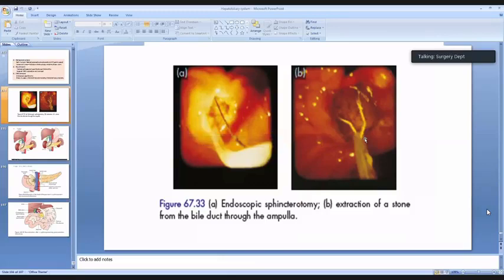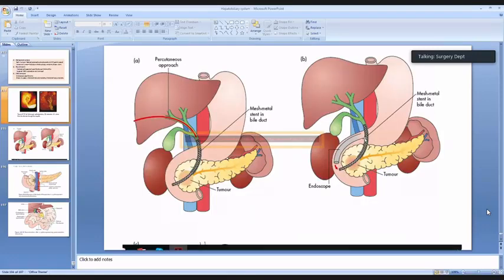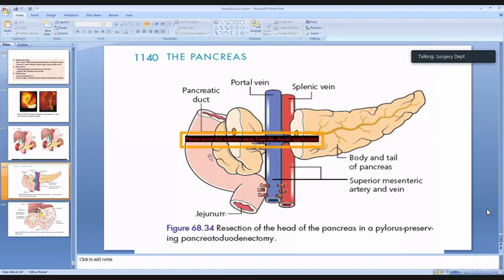And previously আমরা বলেছি এই রেডিক্যাল প্যানক্রিয়াটোডিওডেনেক্টমি, এক্ষেত্রে আমরা in mass head of the pancreas, related part of the duodenum, the related part of the pancreatic duct and some parts of the common bile duct is excised en bloc, ফেলে দেওয়া হয়, and then continuity is maintained either by choledochojejunostomy, pancreaticojejunostomy and gastrojejunostomy.